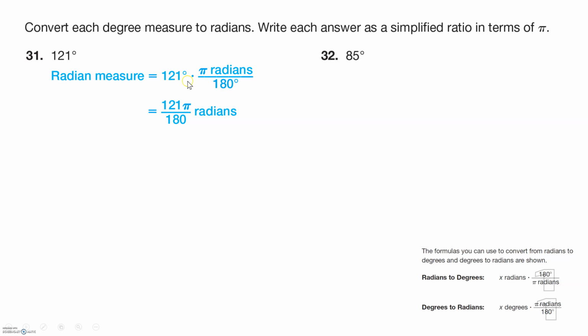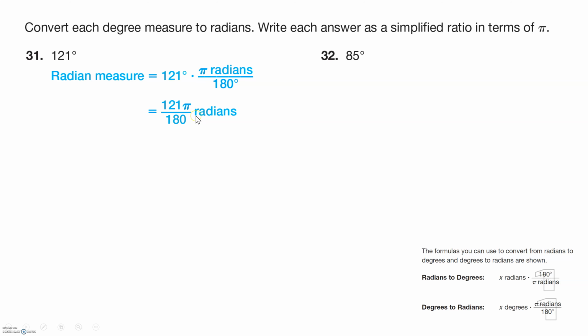In this case, none of them have a common factor other than 1. So that's why we simply leave it as 121 pi over 180. And the degrees are gone because now everything is in radians. And this is the convention to write this number. You leave the pi next to the numerator and then over the number here, 180.